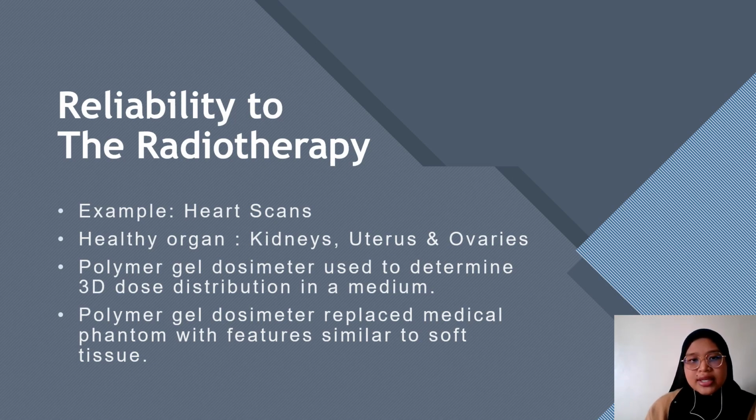As stated earlier, polymer gel can be used in medical phantom as a valuable tool for determining 3D dose distribution in a medium. Polymer gel dosimeter can replace medical phantom material as media with features similar to the soft tissue.